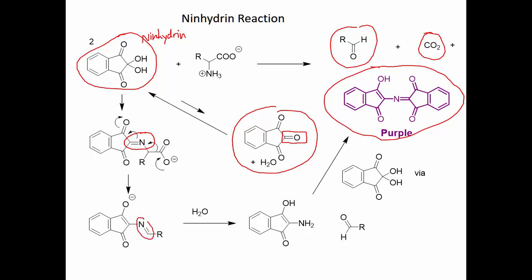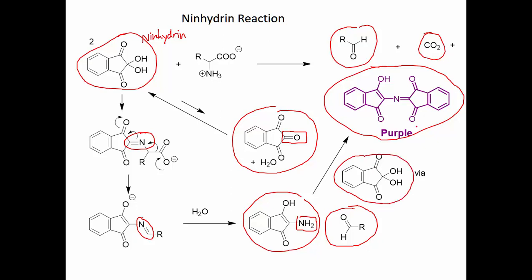The imine group is going to hydrolyze to this compound, and it's going to produce the aldehyde as a side product. And this compound that now has the free amine group is going to condense with another molecule of Ninhydrin to generate the purple stuff there.